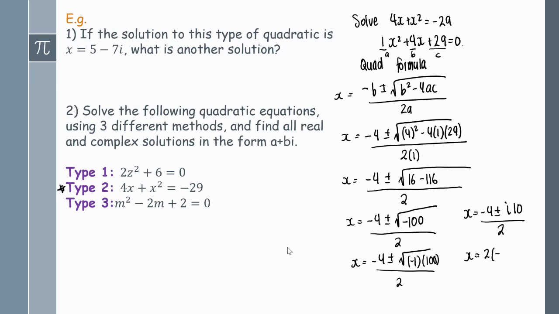Again, if I factor out the 2, they will cancel, and I'll be left with x is equal to -2 plus or minus 5i. One solution is x1 equals -2 plus 5i, and the other is -2 minus 5i.